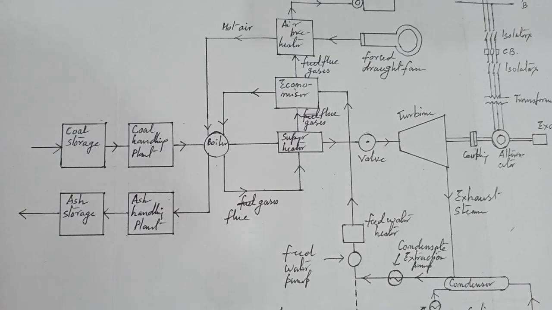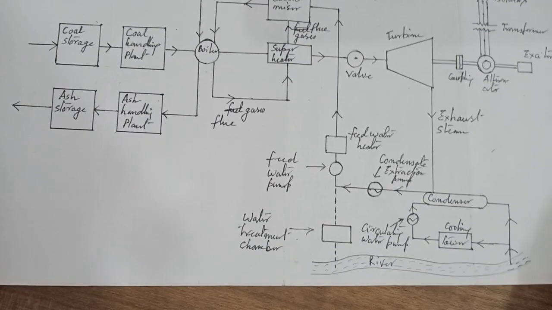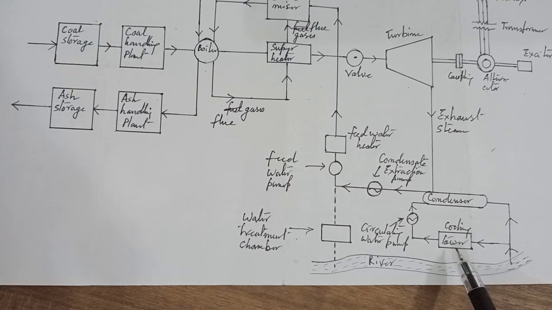Cooling towers are used during the scarcity of water in the river. Hot water from condenser is passed onto the cooling tower where it is cooled. The cold water from the cooling tower is reused in the condenser.